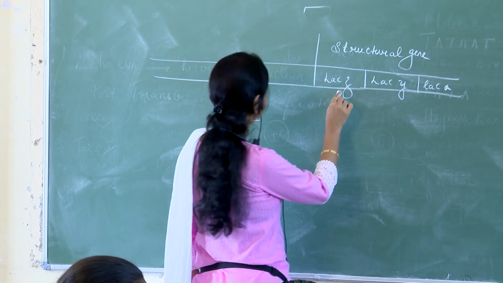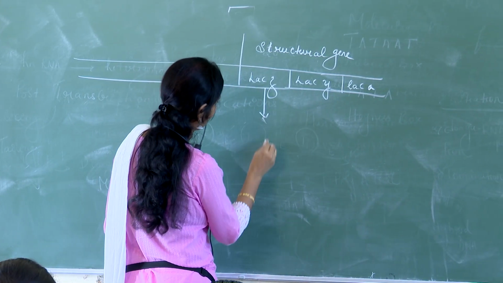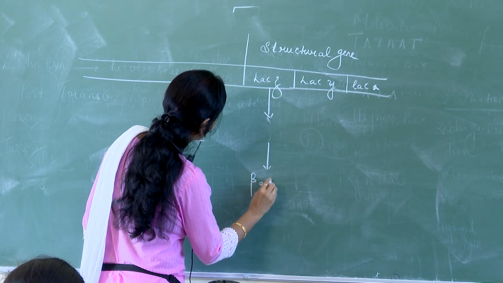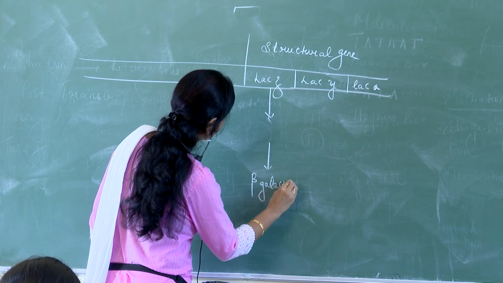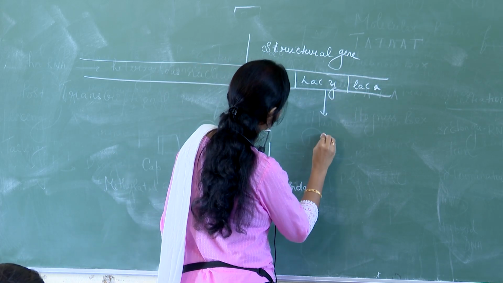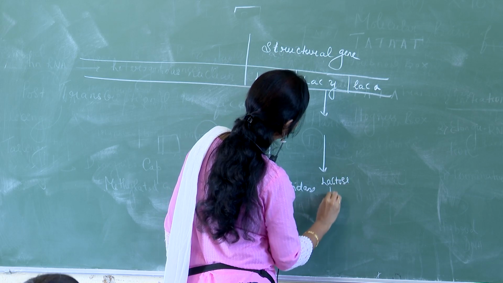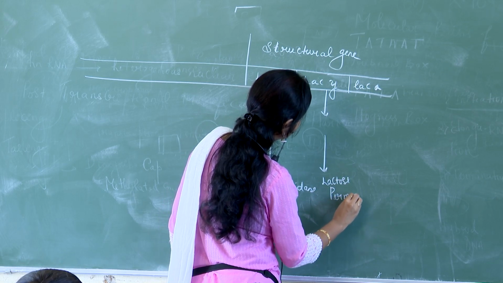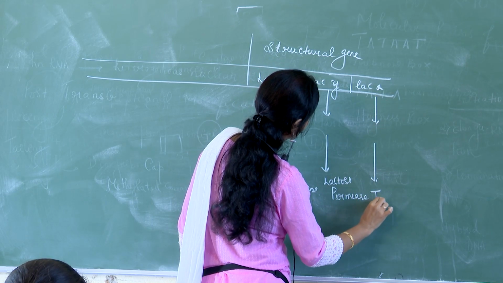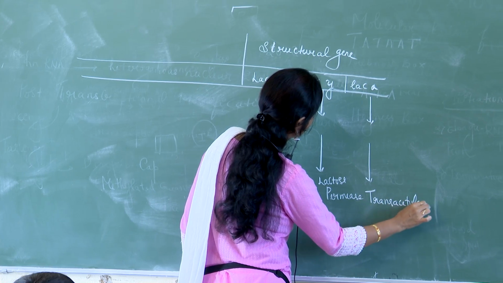Lac Z codes for which protein? Beta galactosidase. Lac Y codes for lactose permease. Right. Lac A codes for transacetylase.